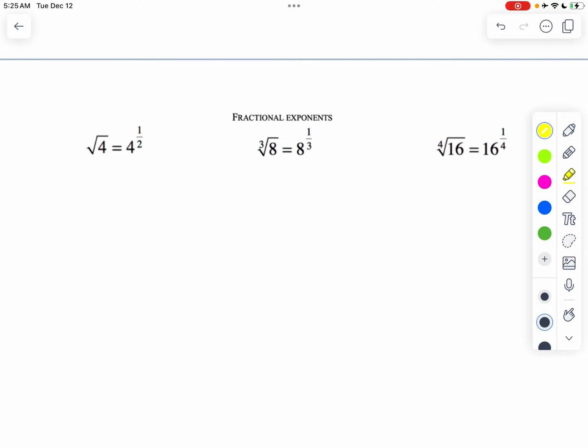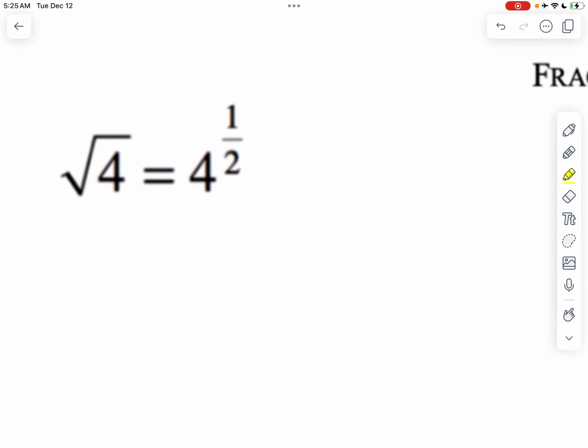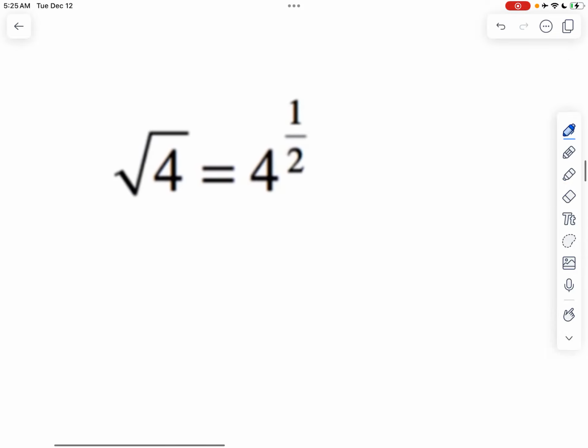Okay, so if you notice, I'm going to first fill in the exponent. And if you remember, when we don't have a root indicated, that's because it's a square root. So really there's a 2 there that we just aren't writing.